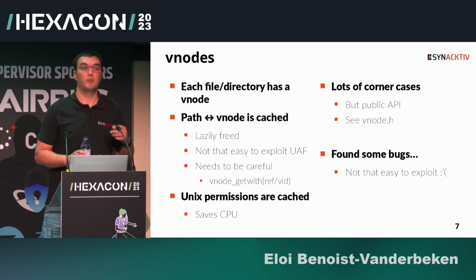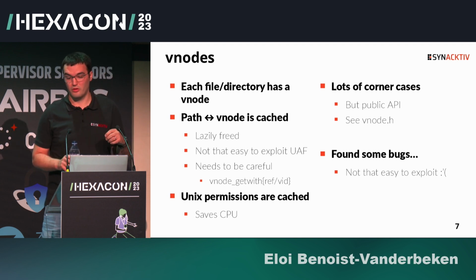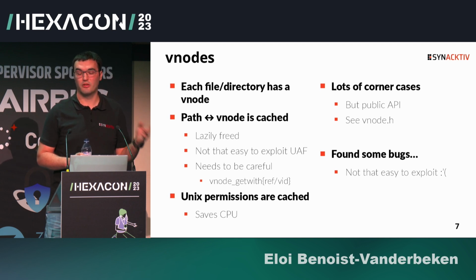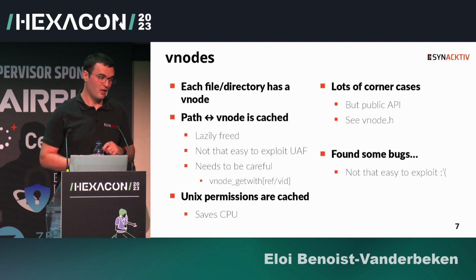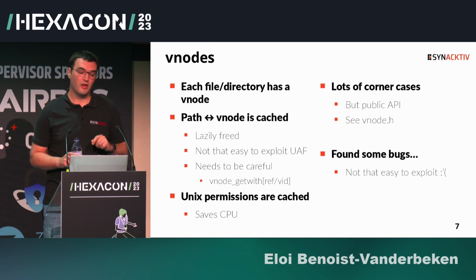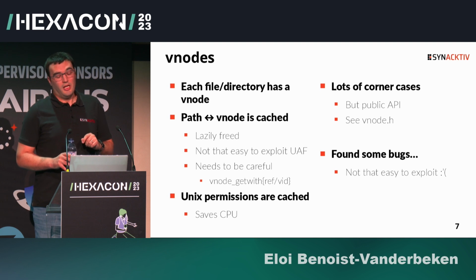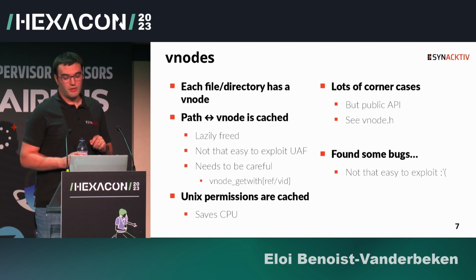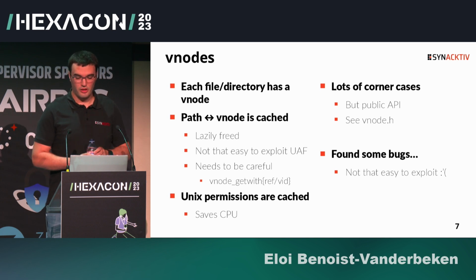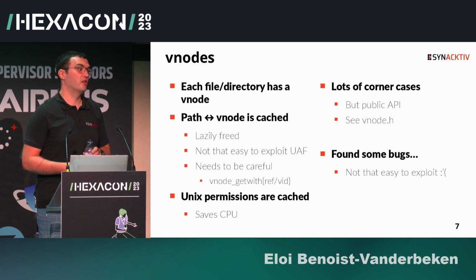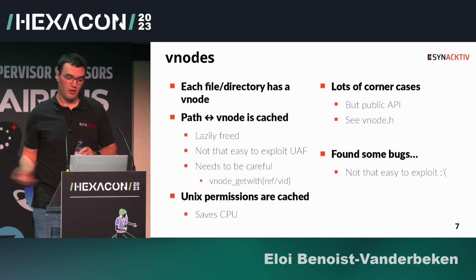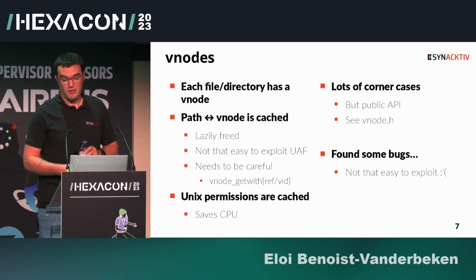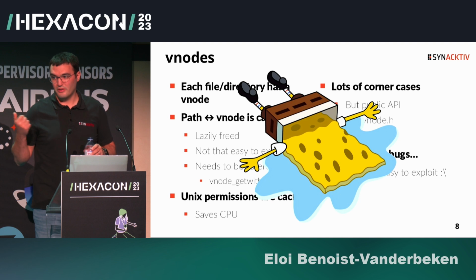There is a public API that doesn't get changed every day, and there is a lot of documentation also. I did find some bugs, but they weren't that easy to exploit, mostly because of the lazily freed vnodes. I spent a few weeks during my weekends trying to exploit them, but I didn't succeed.